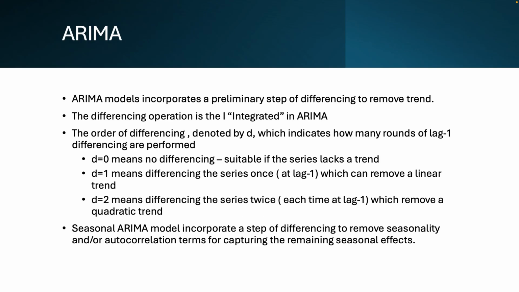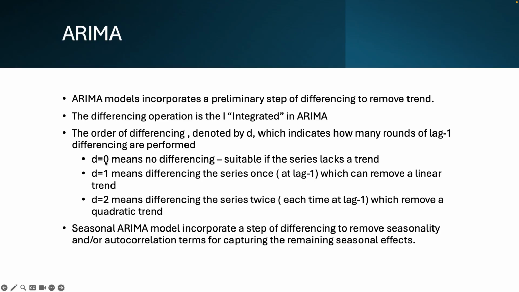So as we said, ARIMA models add the step of differencing. The step of differencing is added to ARIMA, not ARMA, and it is integrated in the ARIMA. The order of differencing, we call it D, and that indicates how many rounds of lag 1 differencing are performed.